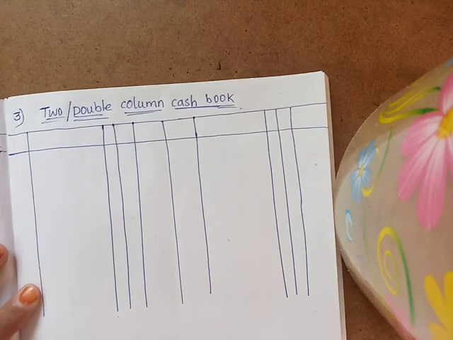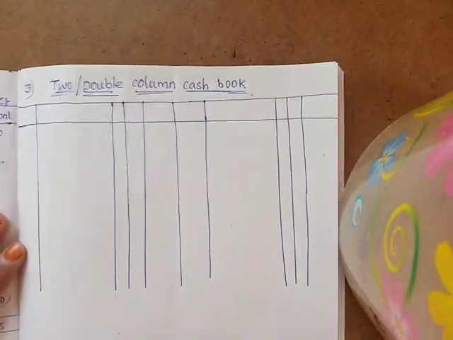This is the pro forma of the double column cash book.